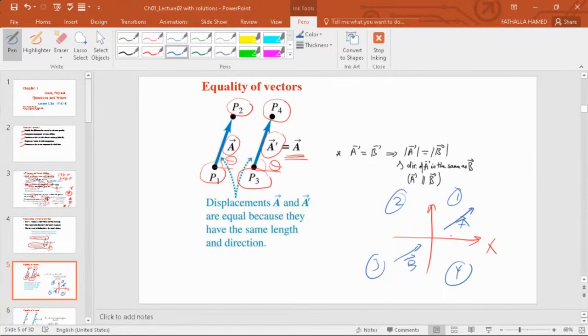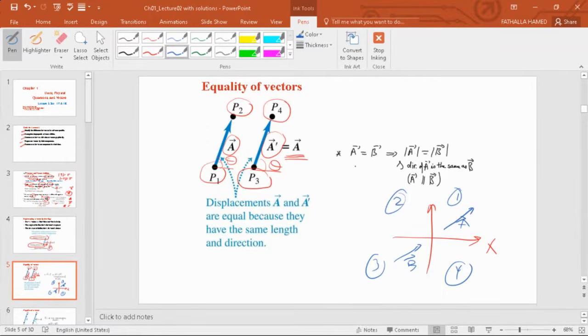So I don't want you to get confused that if the two vectors are equal, that means they have to be moving between the two same positions. No, they can be moving between different positions as long as they have the same magnitude, the same direction. The two vectors are equal in that sense.